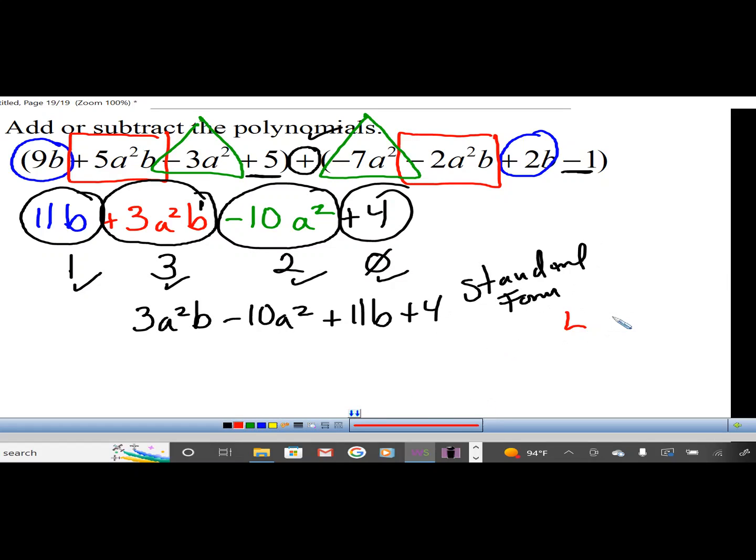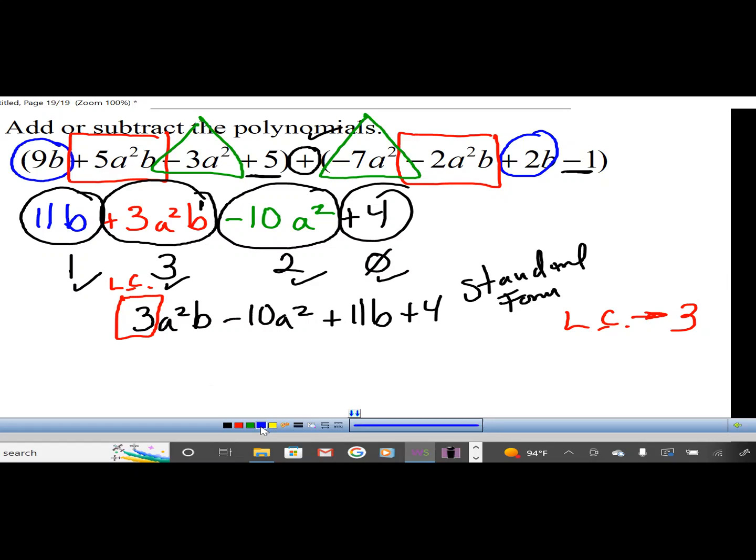What is our leading coefficient? Tell your neighbor what the leading coefficient is of that polynomial. Everyone? Leading coefficient? 3, that is correct. Now that it's in standard form, it's the number multiplying the variables. This is our leading coefficient. All right. And just for practice, we need a name for this one.